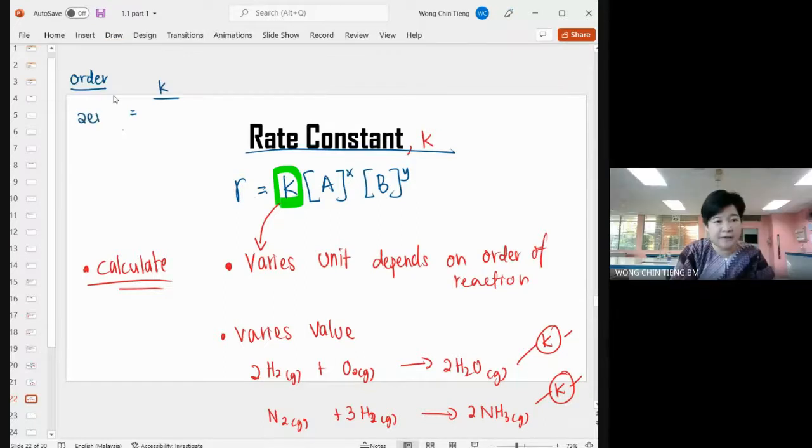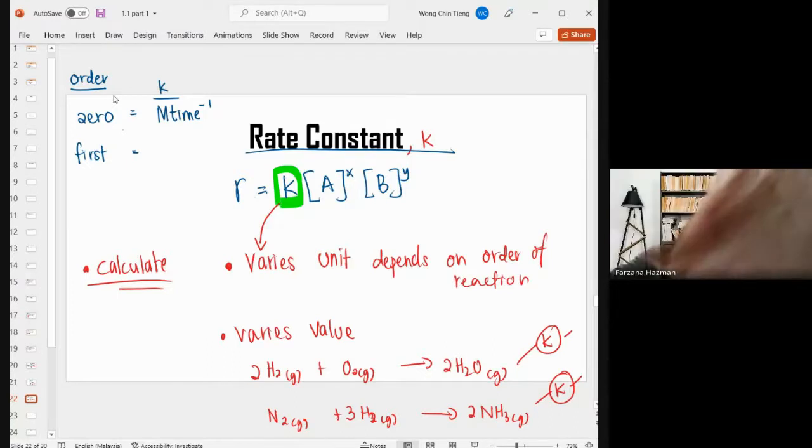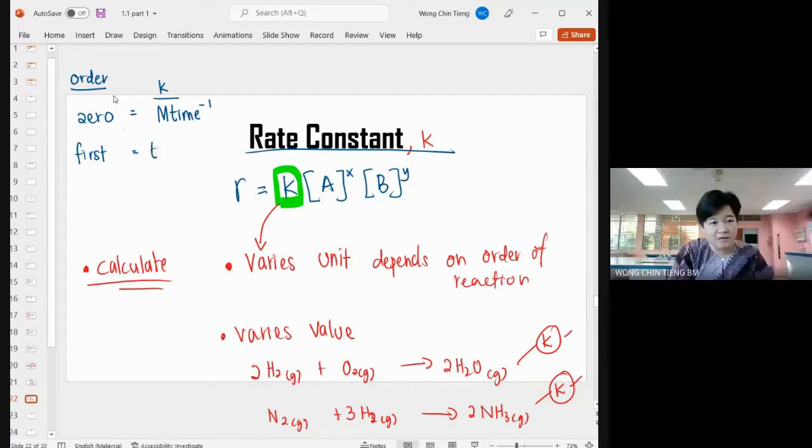Kalau dia adalah zero order, dia akan jadi molar per time. Okay? Kalau dia first order, Fazana? Time -1. Alright?